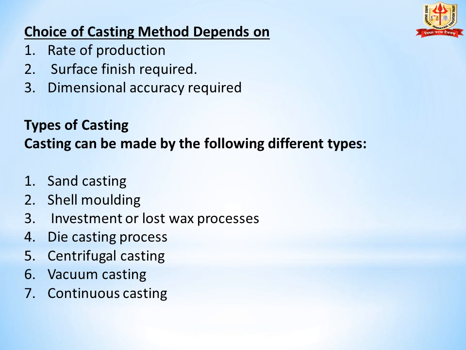First is sand casting, second is shell molding, third is investment or lost wax process, fourth is die casting process, fifth is centrifugal casting, sixth is vacuum casting, and seventh is continuous casting. These are some types of casting.